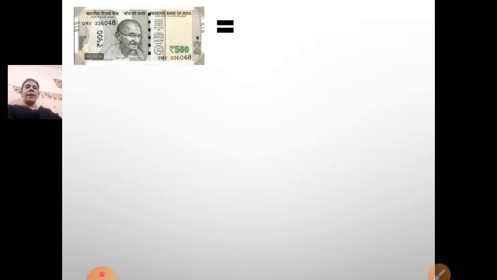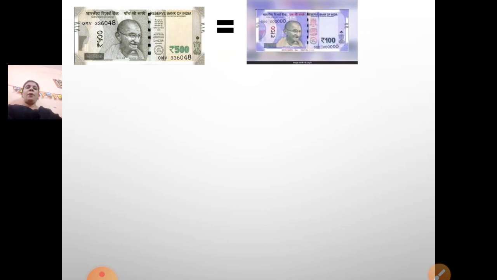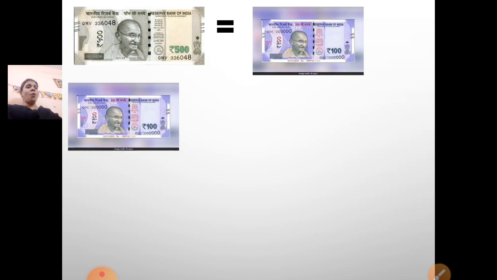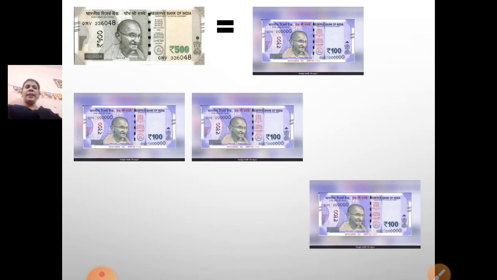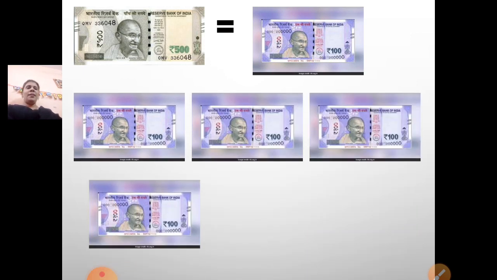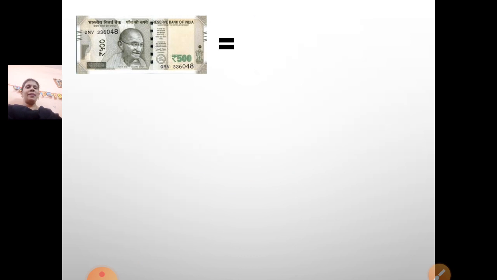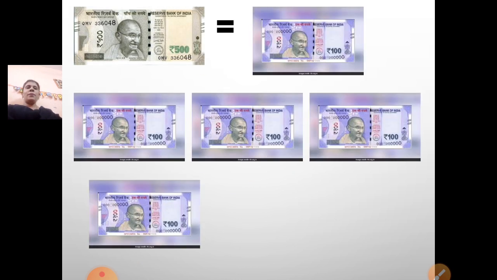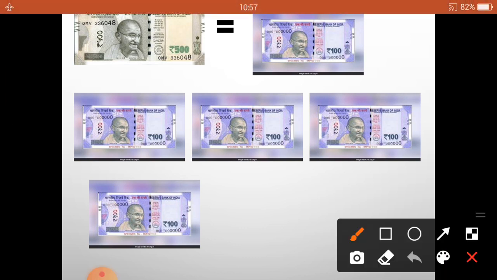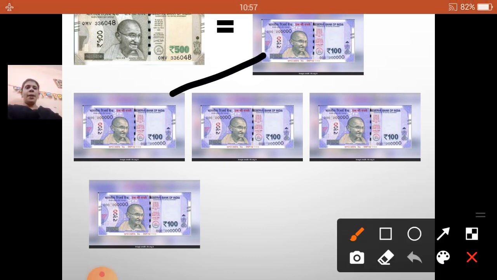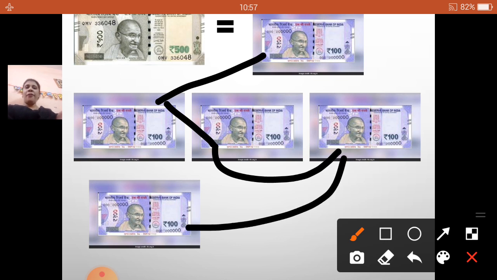Now for this 500, which coins and currency you are going to give me? 100 rupee note, one more 100, one more 100, one more 100, one more 100. So children, now let us count and see. 1 plus 1 will be 2. 2 plus 1 will be 3. 3 plus 1 will be 4 and 4 plus 1 will be 5.